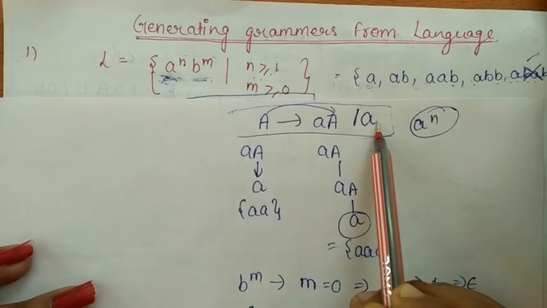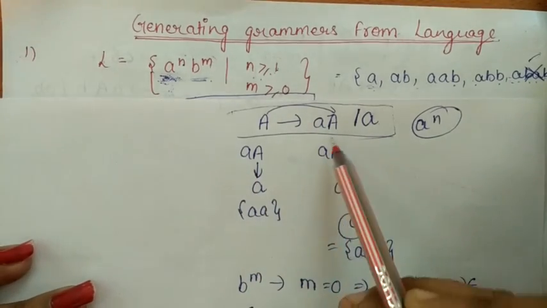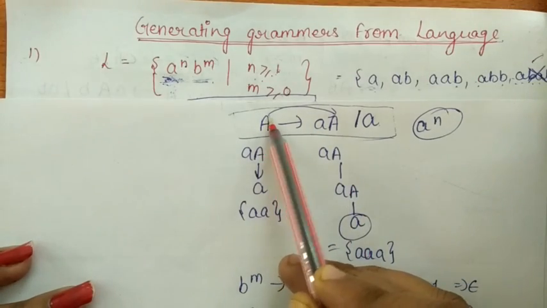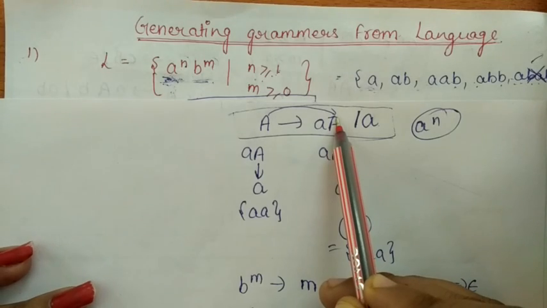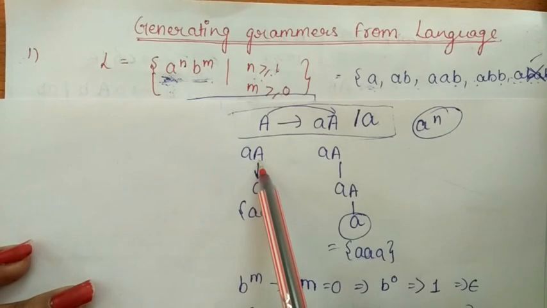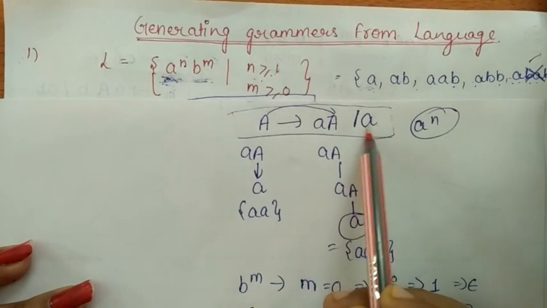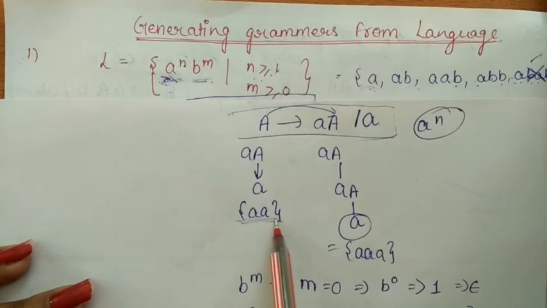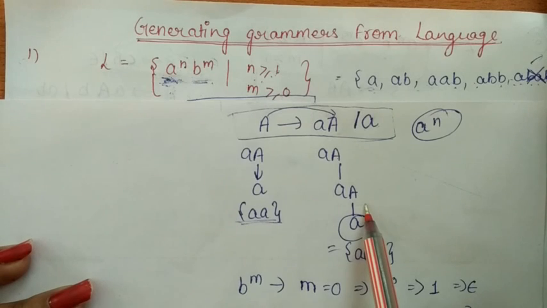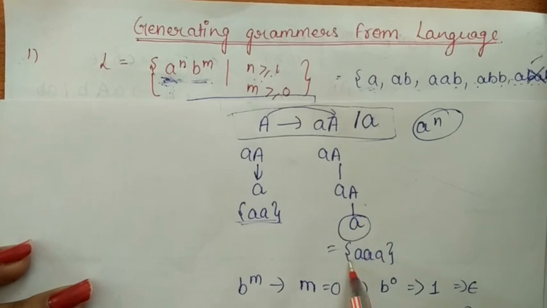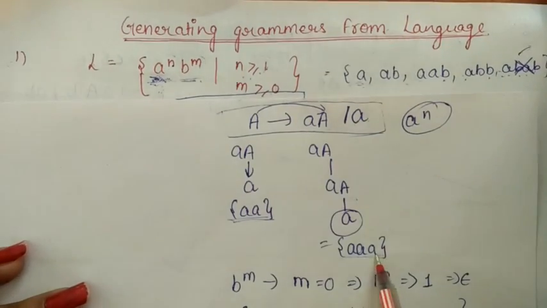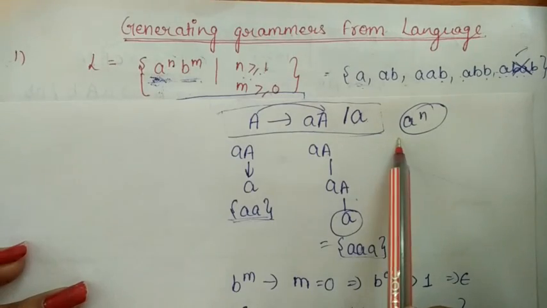Now we want the repetition of a. If we take this variable here, it can call itself n number of times and generate n number of a's. If we replace this variable by this terminal, it will generate 2 a's. If we replace this variable by itself, and then at last by our terminal, it will generate 3 a's. Like this, it can generate any number of a's. So this is the grammar for a to the power n.